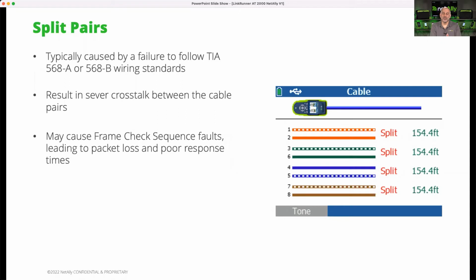If we split a pair for 568A or 568B across two physical pairs, we end up with two physical wires running in parallel to each other. This creates a significant amount of crosstalk and creates problems with the signal. So if you see split pair, it's time to go back and look at the wiring on the jacks and see what's wrong. Somebody didn't follow the wiring standard.